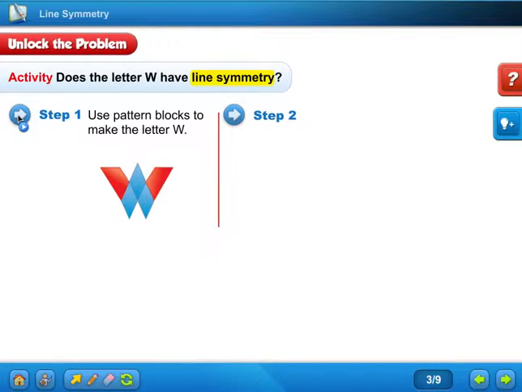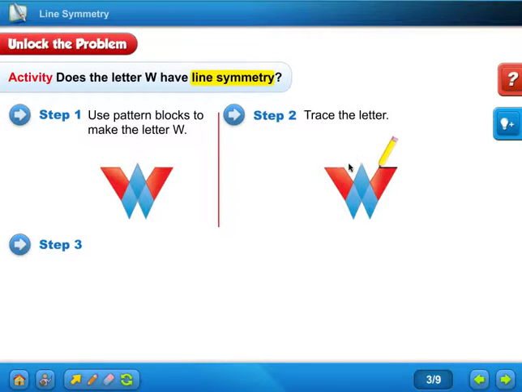So step 1, they want you to use pattern blocks to make the letter W. So go get some pattern blocks and make the letter W. You can pause the video throughout and do this with the blocks and do exactly what it says. Go get some scrap paper and the pattern blocks.